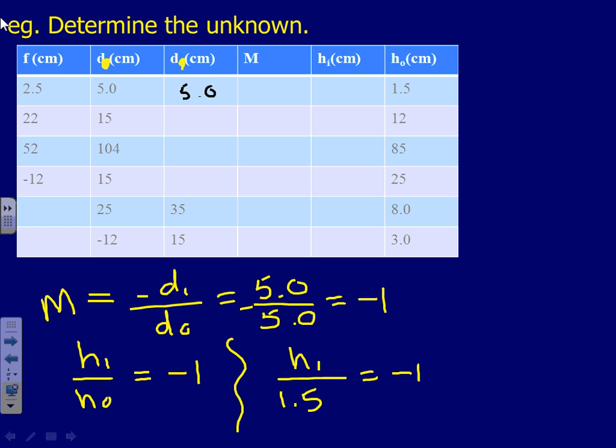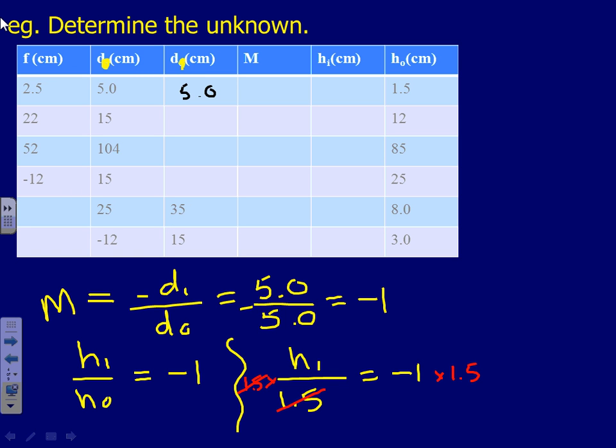I need an answer here for hi. I have to multiply both sides by 1.5. What does that allow me to do? It allows me to cancel that out. I'm just rearranging equations mathematically.